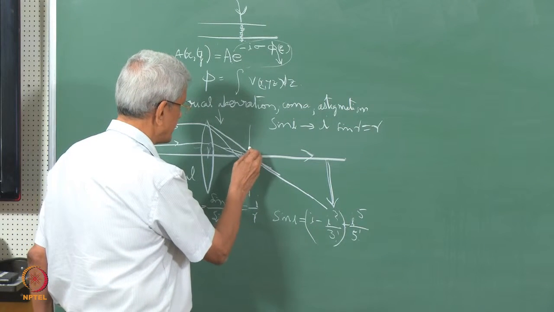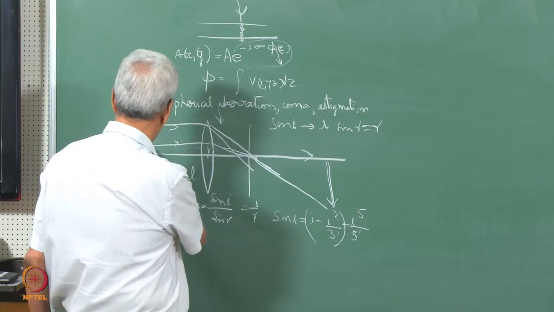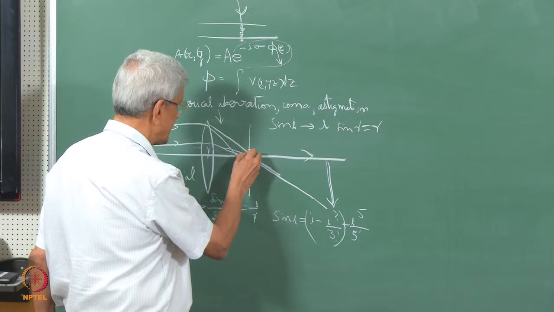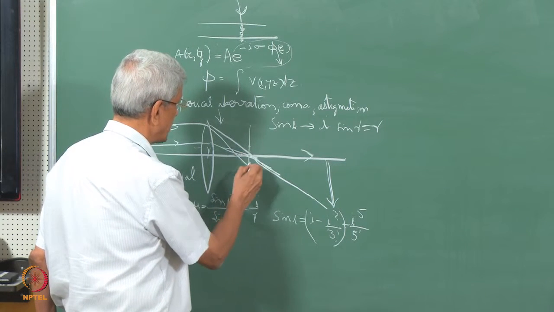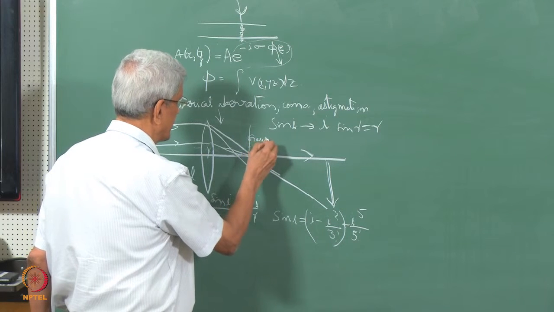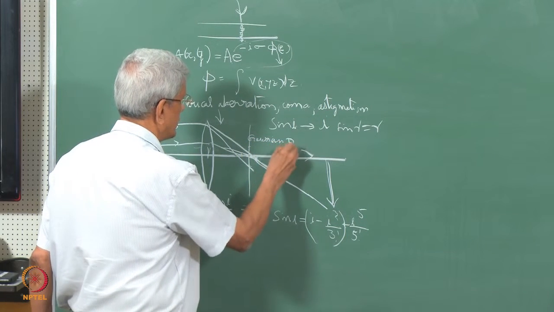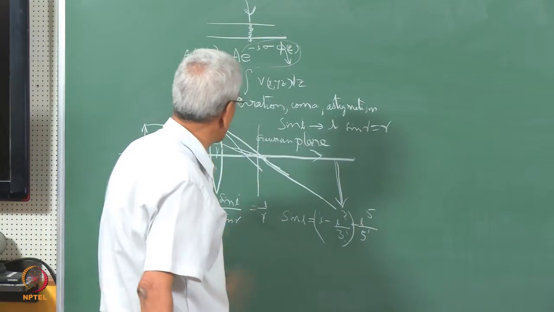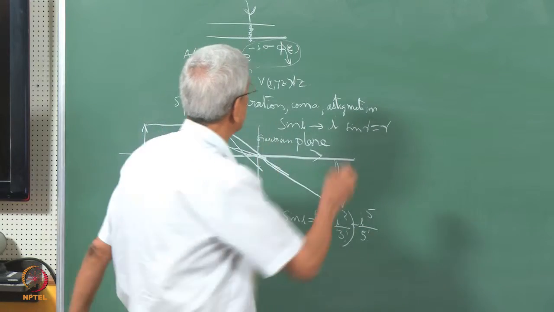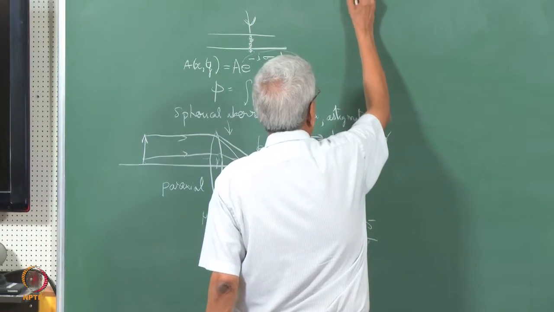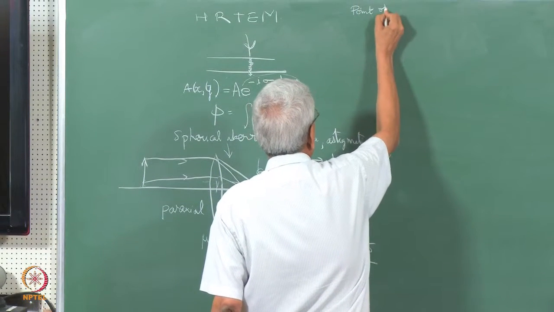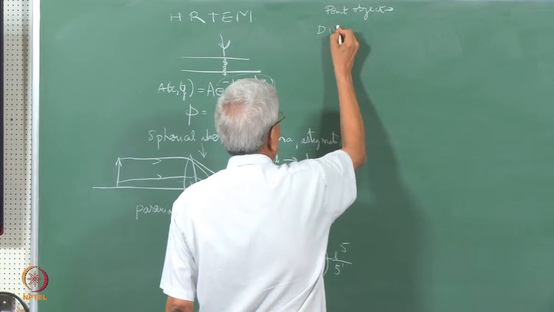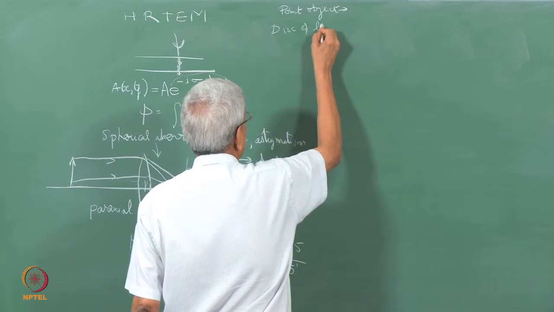Because of this, for rays emanating from a point, we do not get a point image; instead we get a spread out image in the Gaussian plane. This is the Gaussian plane. So, for a point object, at best what we can get is a disk of least confusion, that is the size which we can get.